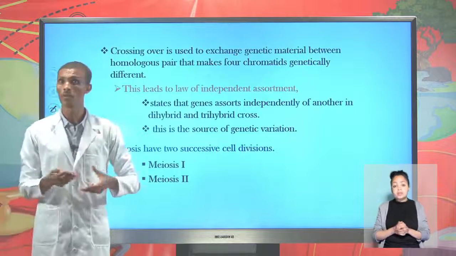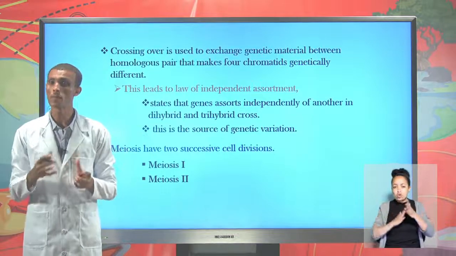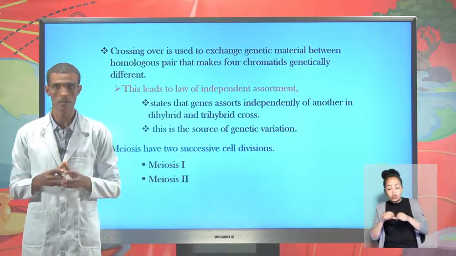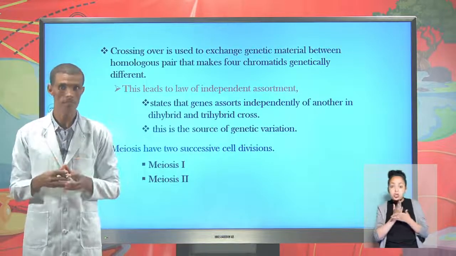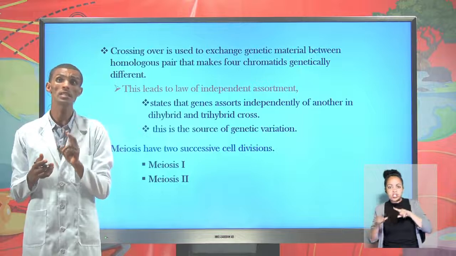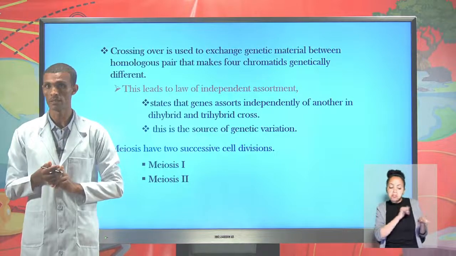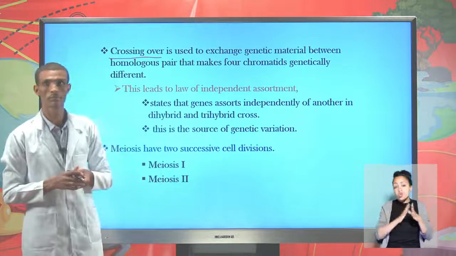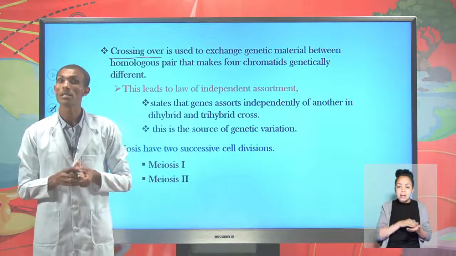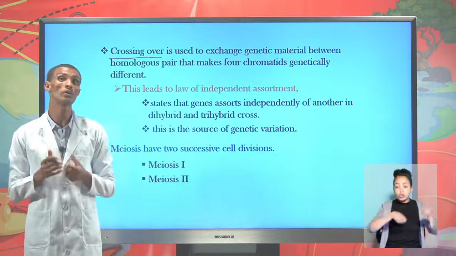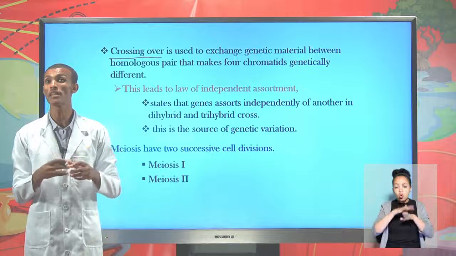Crossover is important for exchanging segments of genetic material between homologous pairs, so daughter cells show genetic variation. None of the daughter cells is genetically identical because of crossover. This activity of crossover also contributes to the law of independent assortment.